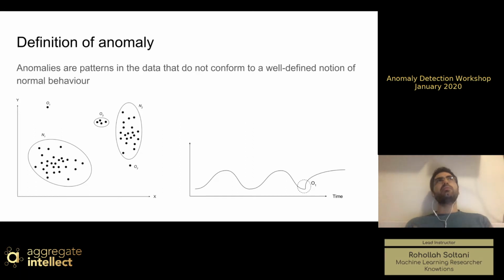An example is time series data. If you have a change of pattern or behavior in any kind of sequential data, you can call it a contextual anomaly.